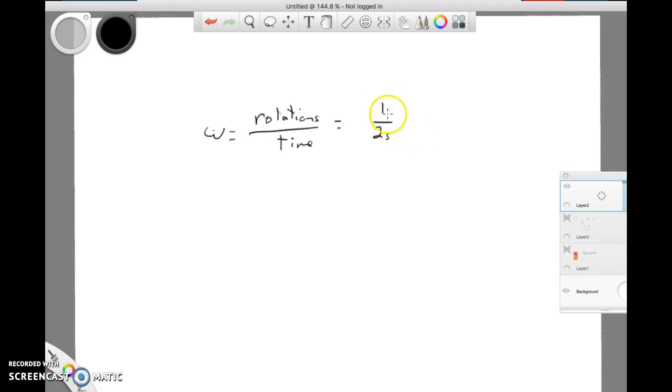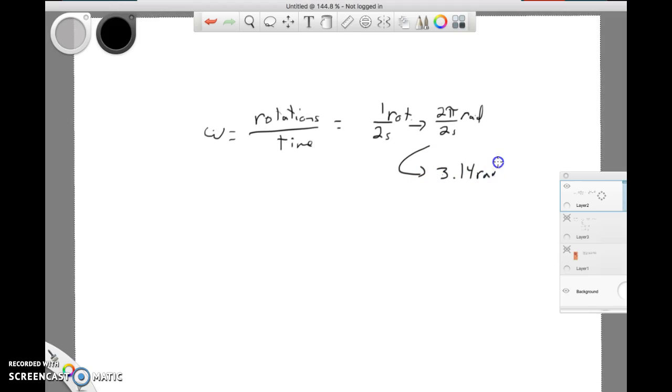They made one rotation in 2 seconds, or 2 pi radians in 2 seconds.